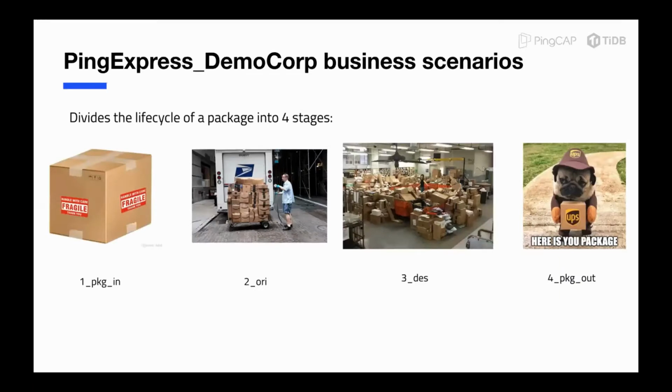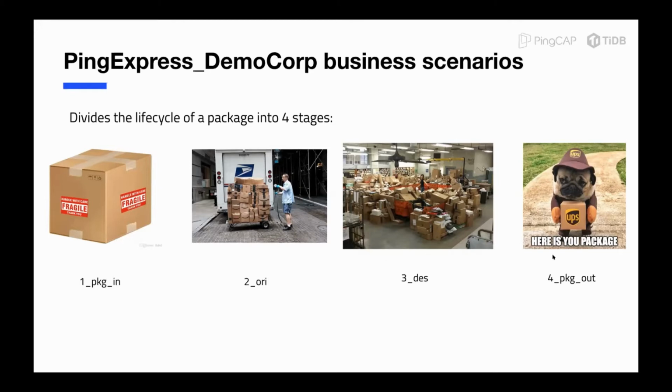Okay, so here is some background knowledge. PingExpress divides the life cycle of a package into 4 stages. In the first stage, the package arrives at the company, and in the second stage, the package arrives at the processing center of the state of origin. In the third stage, the package arrives at the processing center of the destination state.